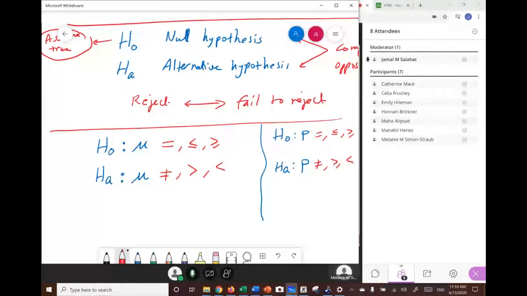Now, if you look at the PowerPoint, for equal, for example, sometimes we say equal, sometimes we say is, sometimes we say the same as, sometimes we say it's not different than. It all means equal. Now, for less than or equal, sometimes we say at most.